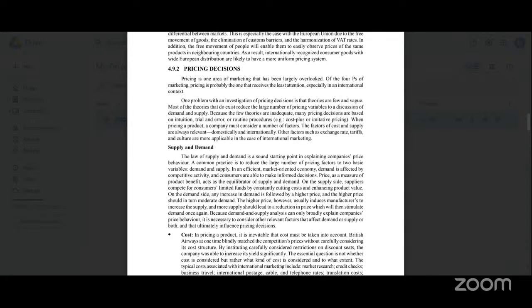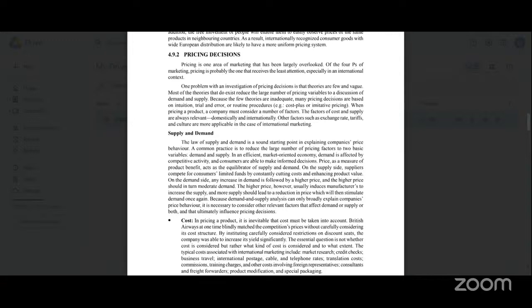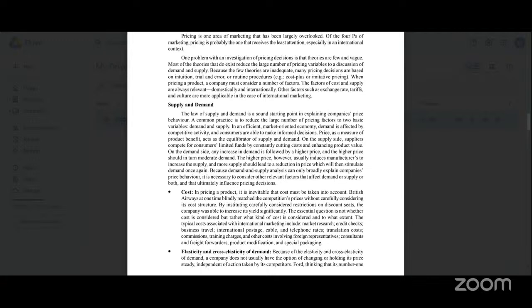So pricing decisions could be multifold. Pricing, the P for that matter, is one of the four factors of the marketing mix. But when we talk in terms of pricing, there are two things that we need to consider. For example, is it cost plus or imitative pricing?